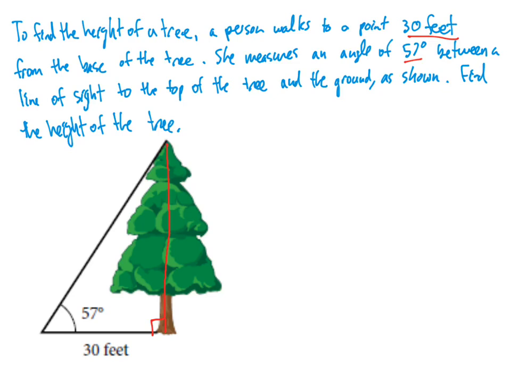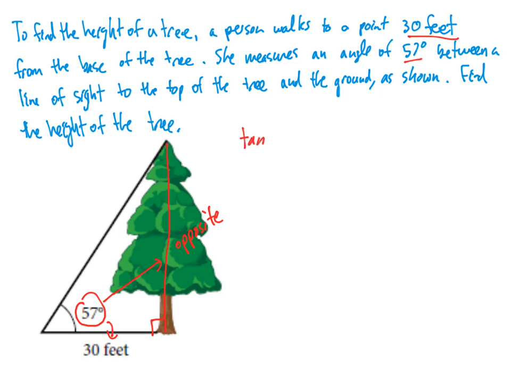If we're orienting ourselves at the 57 degrees, this height is the opposite side of that angle, and then 30 feet is the adjacent side. So we need to use the trig function that uses the opposite side of the angle and the adjacent side.